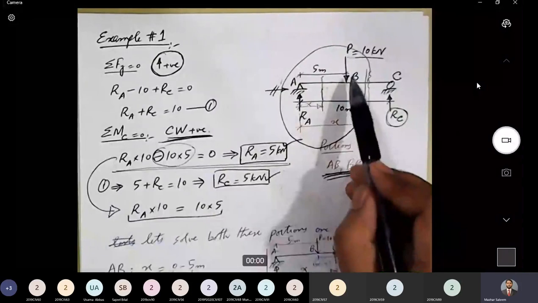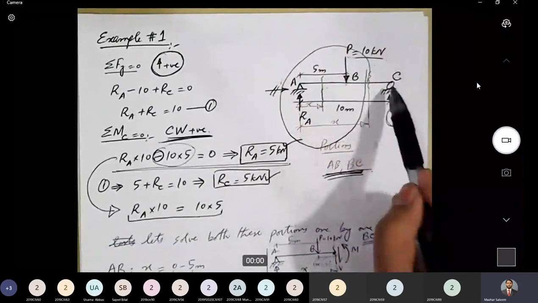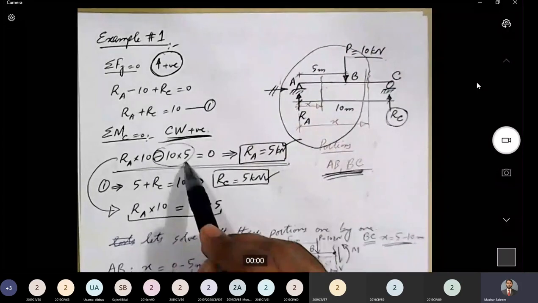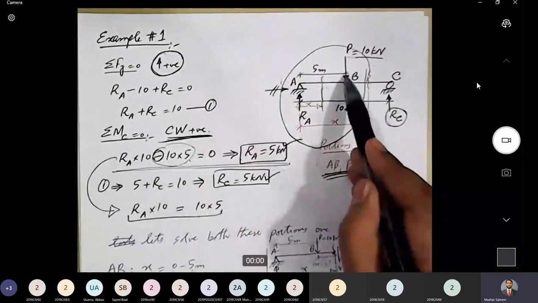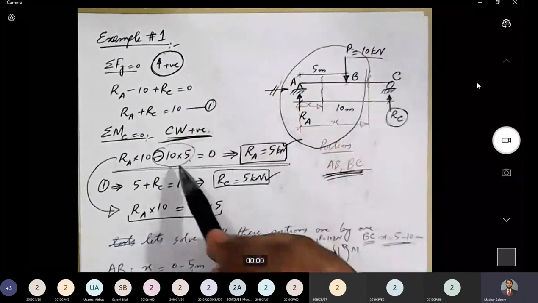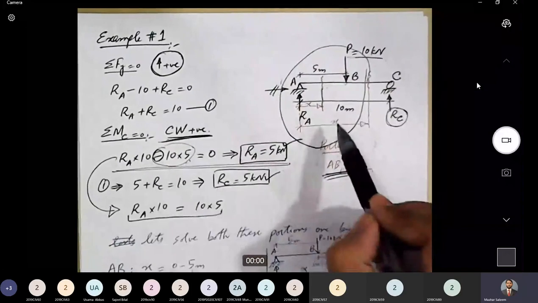Then this 10 kilonewton force is producing moment in counterclockwise direction about point C. So it should be taken as negative. 10 into 5. 5 is the lever arm, the perpendicular distance between load P and point C. Is there any other force present in the system?